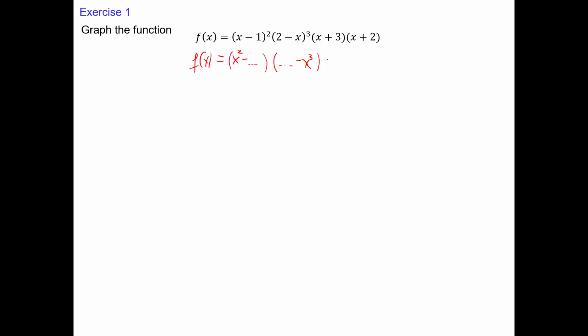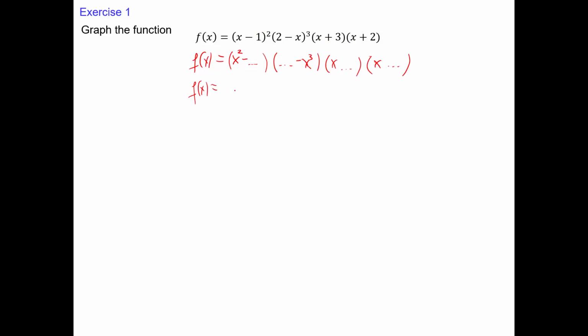Because it's negative. And then this is just x, and the rest of them, plus 3, is also x, and this one, plus 2, is also x, just simple. Now if we multiply this, we don't need the other terms, we just need the leading term. That means x squared, negative x cubed, x and x.